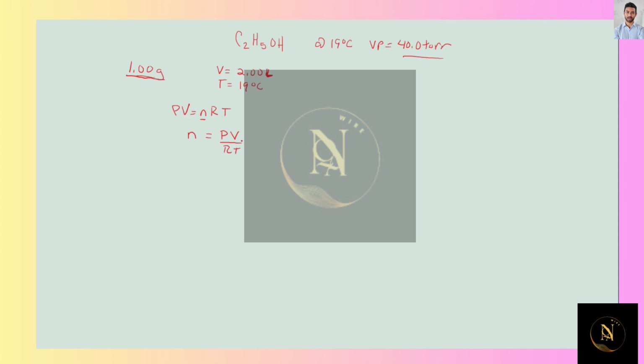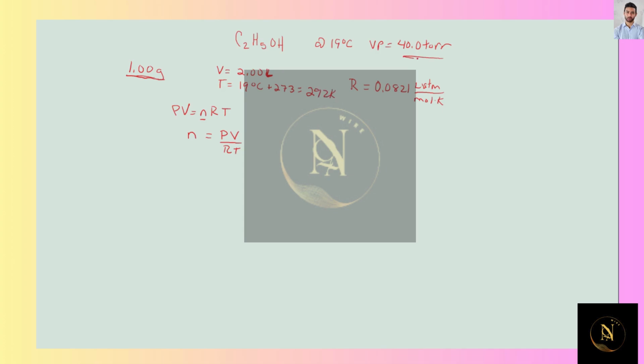And then in order to use the constant R that is equal to 0.0821 liters times atmospheres per mole times Kelvin, we need our temperature to be in Kelvin for one, so we're going to add 273 here, and we get 292 Kelvin.